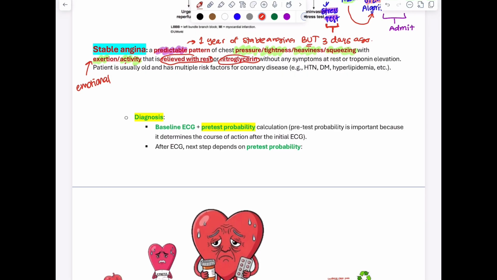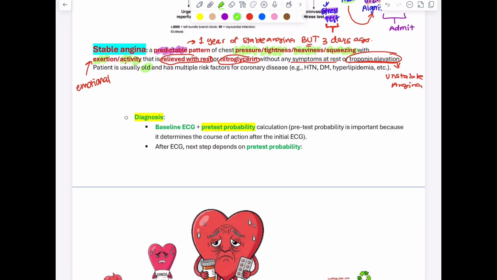And it's also very important to know that there are no symptoms at rest and there are no troponin elevations. Because if troponins are elevated, it's unstable angina. Okay? Also, make sure that the patient matches the symptoms.